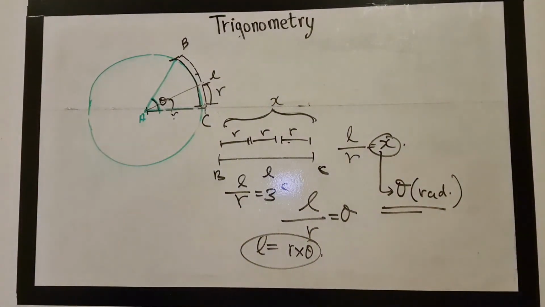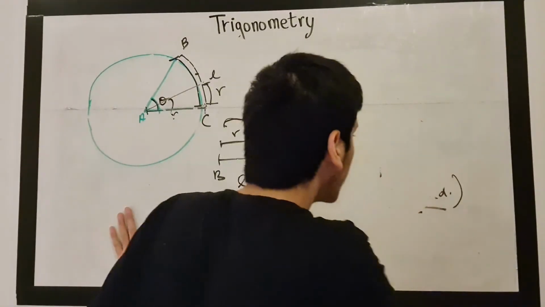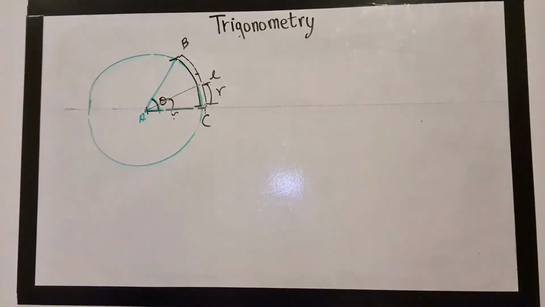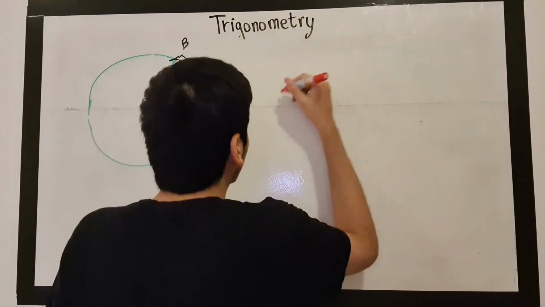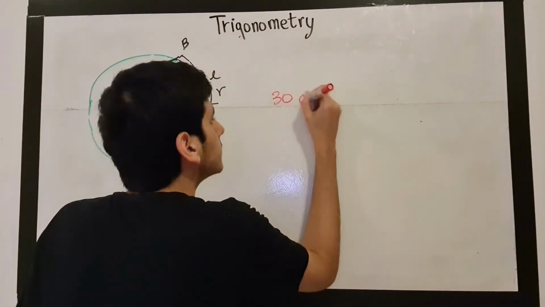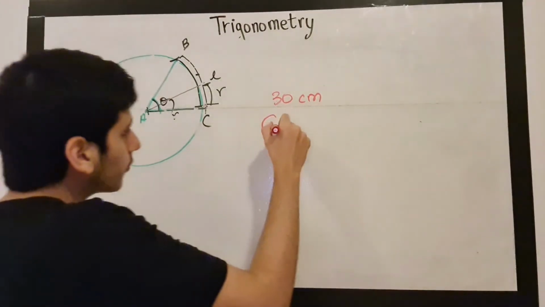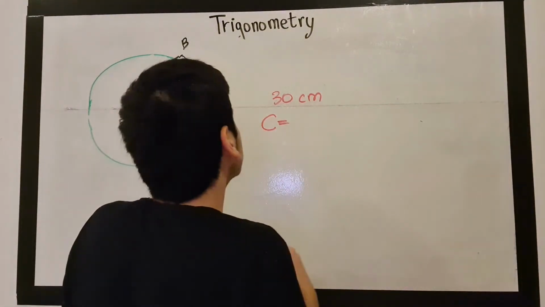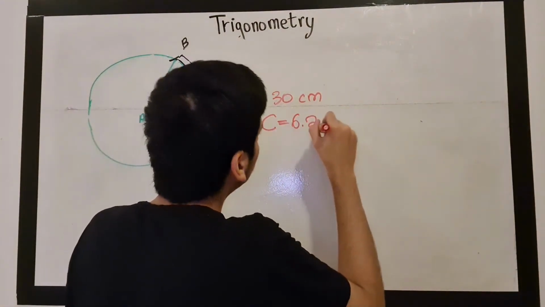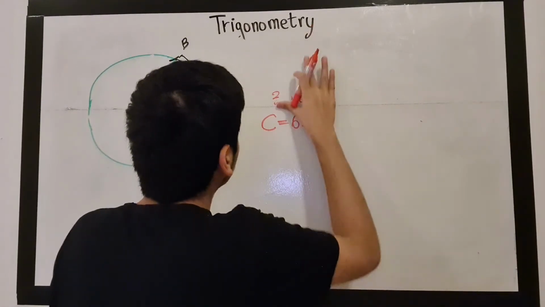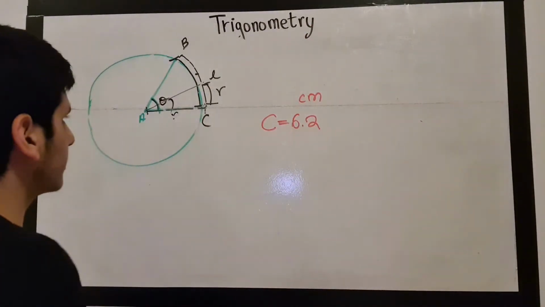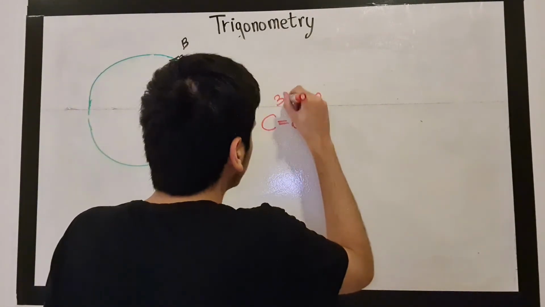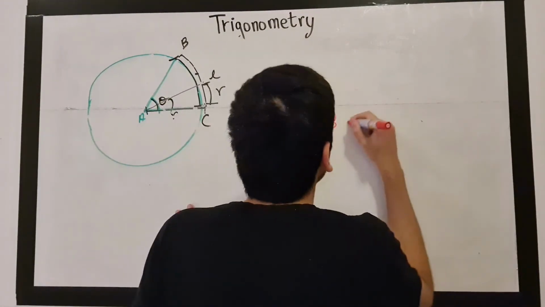So let me now solve one question. This relation is very helpful. Let's say the length of an arc is 30 centimeters, and the length of the arc can't be more than the circumference, so let's say the circumference is 62.8 centimeters approx.